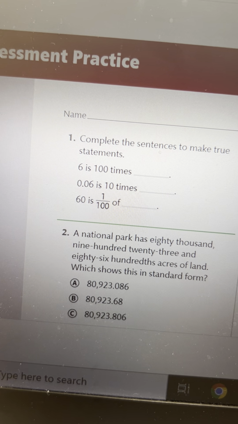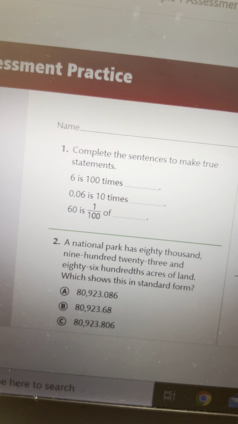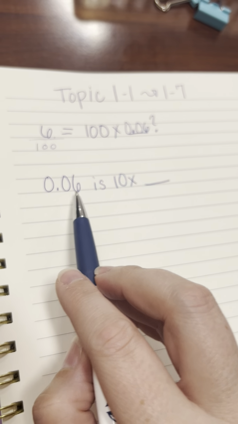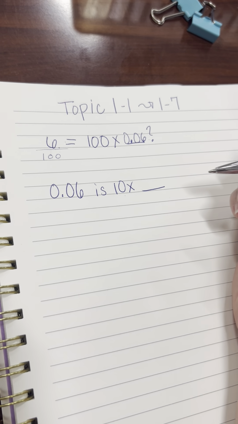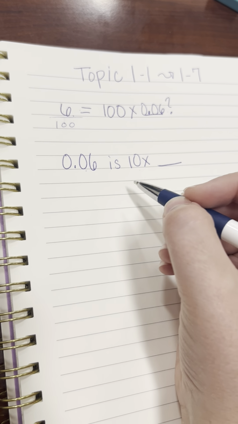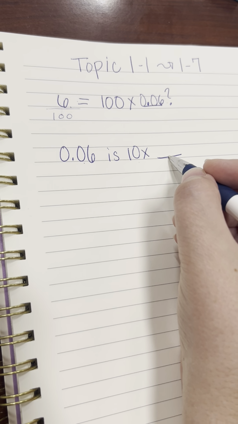0.06 is 10 times what number? Okay, so 0.06 is 10 times what? That means that this number is 10 times bigger than some other number, okay?